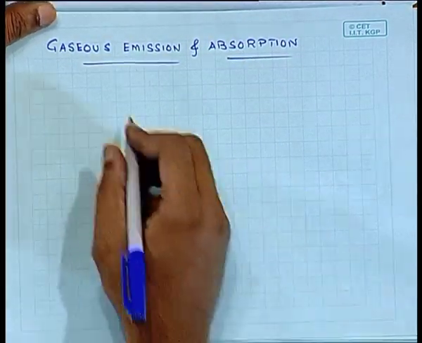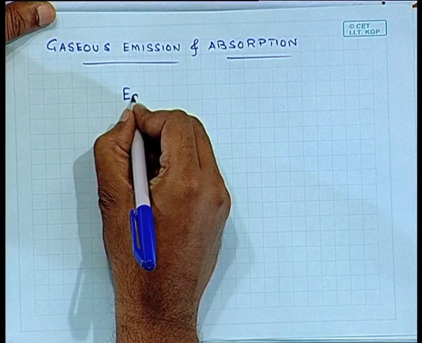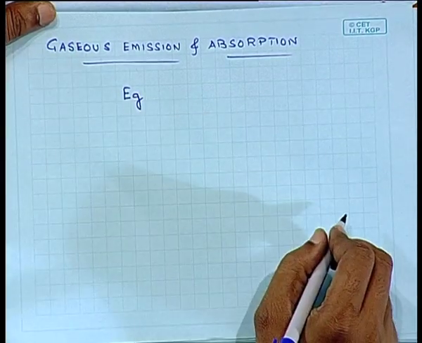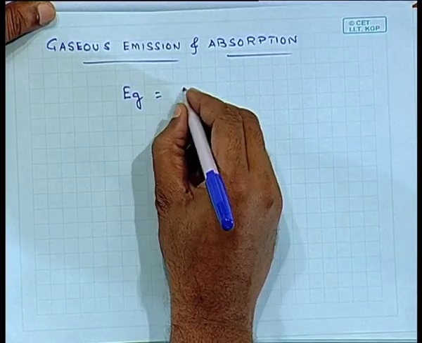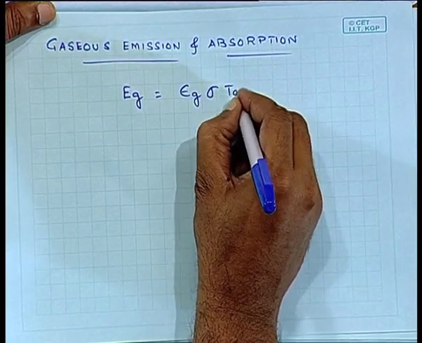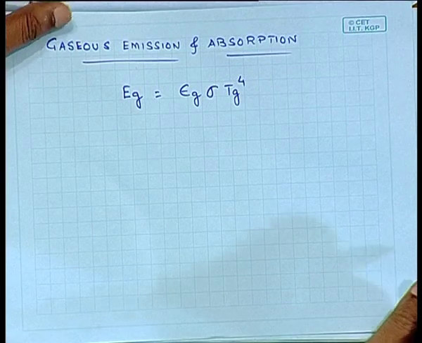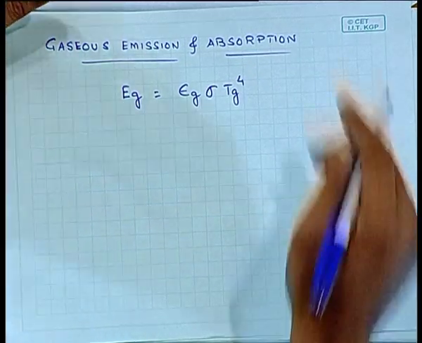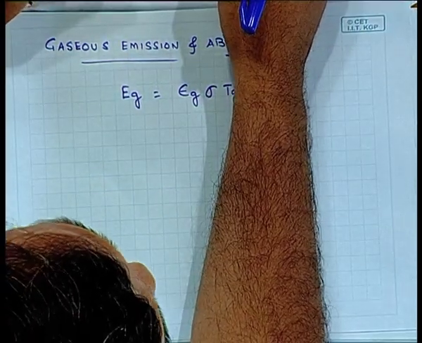And here we see that the amount of energy coming out of a gas at a specific temperature is expressed as epsilon g sigma Tg to the power 4. It's a very common relation. You have a gas at certain temperature, you would like to find out what's the amount of energy that you are going to receive from a gas which is at a very high temperature.